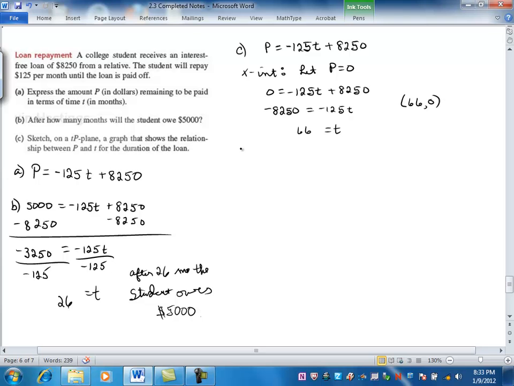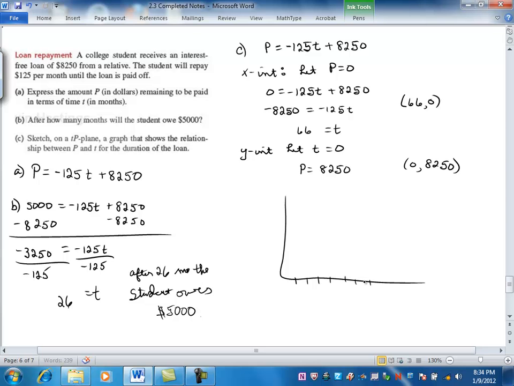And then for the y-intercept, we're going to let t equal 0. And so we know that p is going to be 8250, giving me the point 0, 8250. And so I get ready to graph this. If I mark off the x's in tens, 20, 30, 40, 50, 60, 70.